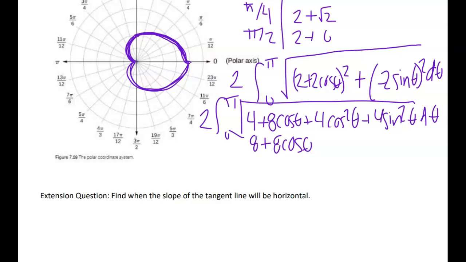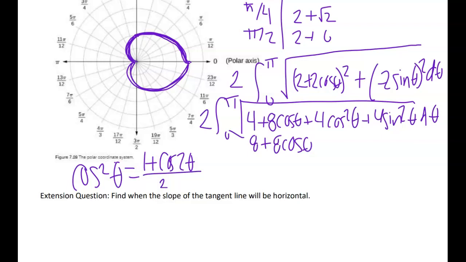I could do a couple different things here, but one thing I want us to recognize is that cosine squared theta over 2 is equal to 1 plus cosine theta over 2.